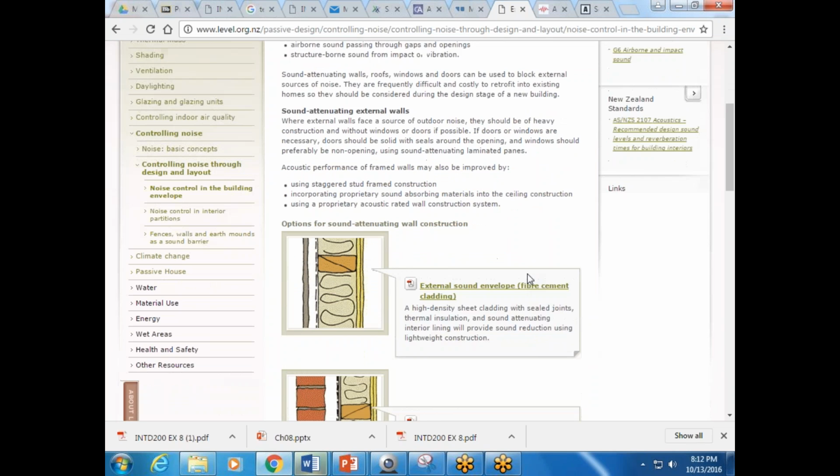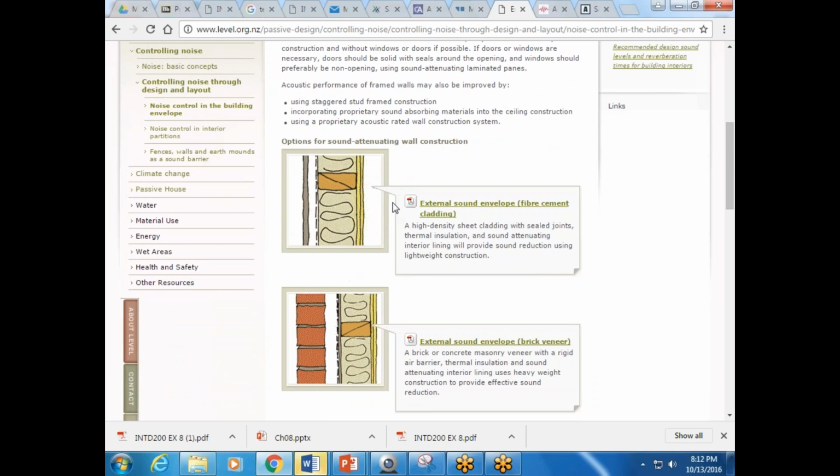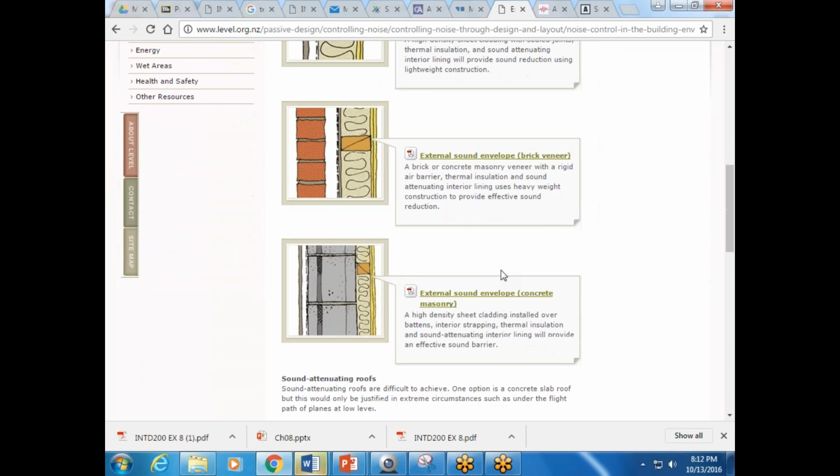And they provide you on this link examples of the wall sections of those constructions and how they help with the sound. So high-density sheet cladding with sealed joints, thermal insulation, and sound attenuating interior lining will provide sound reducing lightweight construction. And then a brick or concrete masonry veneer with a rigid air barrier, thermal insulation, and sound attenuating interior lining uses heavyweight construction to provide effective sound reduction.